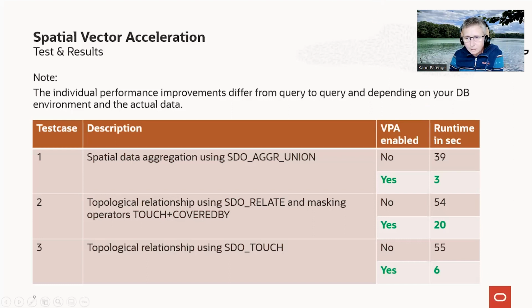What you see here is that in the first test case we have a factor of roughly 10 comparing not using VPA versus using VPA. For the topological relationships using touch and covered by, we have a factor of 2.5 improvement. And here with SDO touch alone, we also have roughly a factor of 10. And I'm going to switch over to my demo environment.